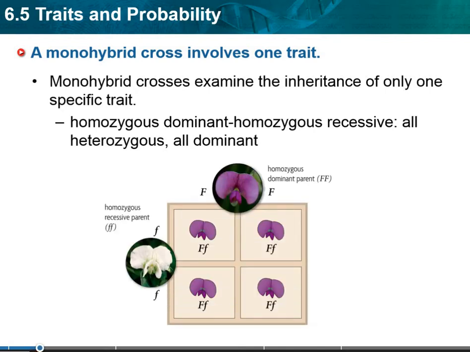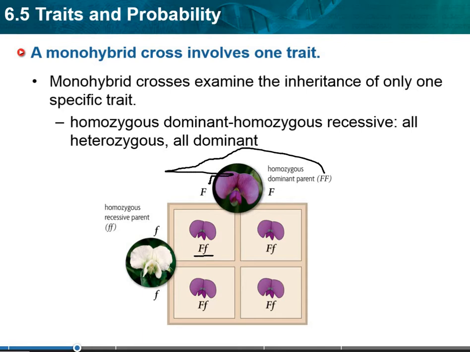So we end up having a white flower crossed with a purple flower plant, and you see that all of the offspring are going to be heterozygous, and they are going to end up being all purple.